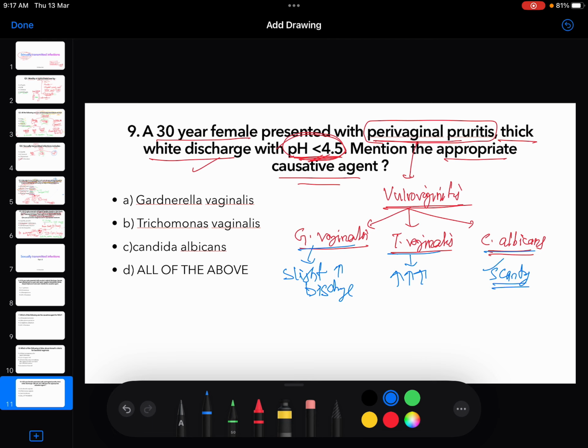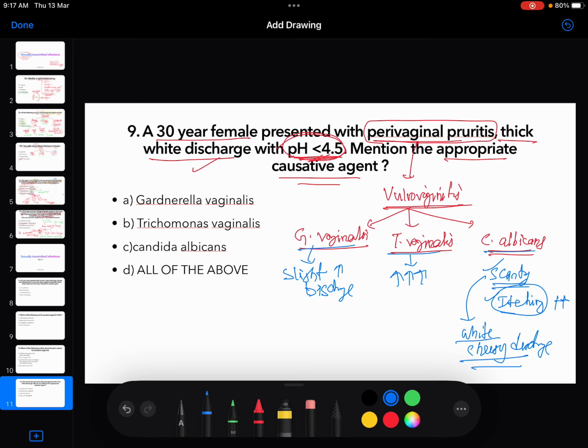And in Candida albicans, there is itching. Itching is more prominent in Candida albicans, and the scanty discharge has a characteristic color, that is white, cheesy discharge. They are the features of Candida albicans.